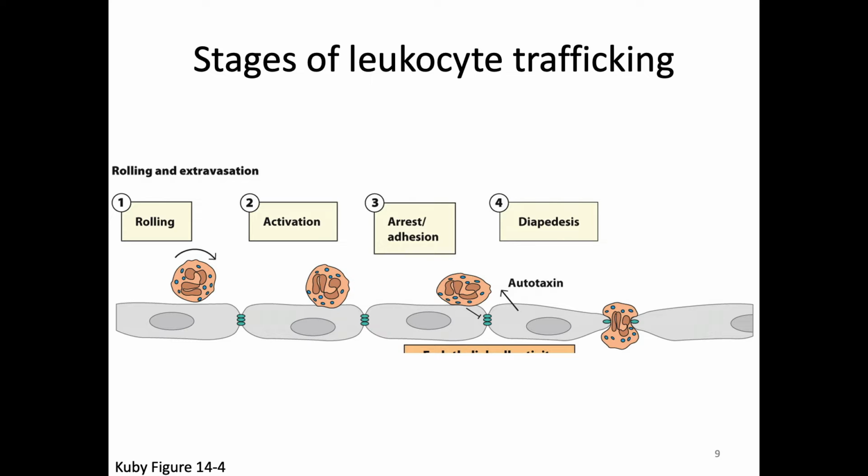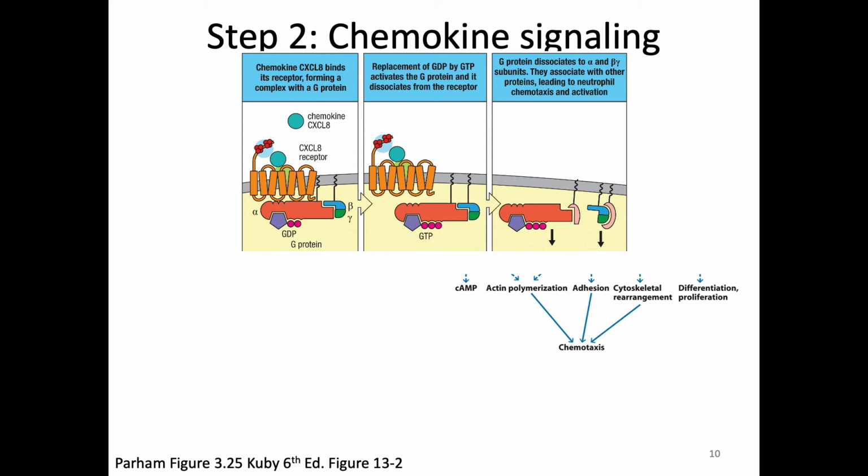A lot of times I think about this as actually chemokine signaling. And so what's going to happen is there's going to be some chemokine that will bind to some chemokine receptor and lead to signal transduction in our cell. You can see a few important details here.